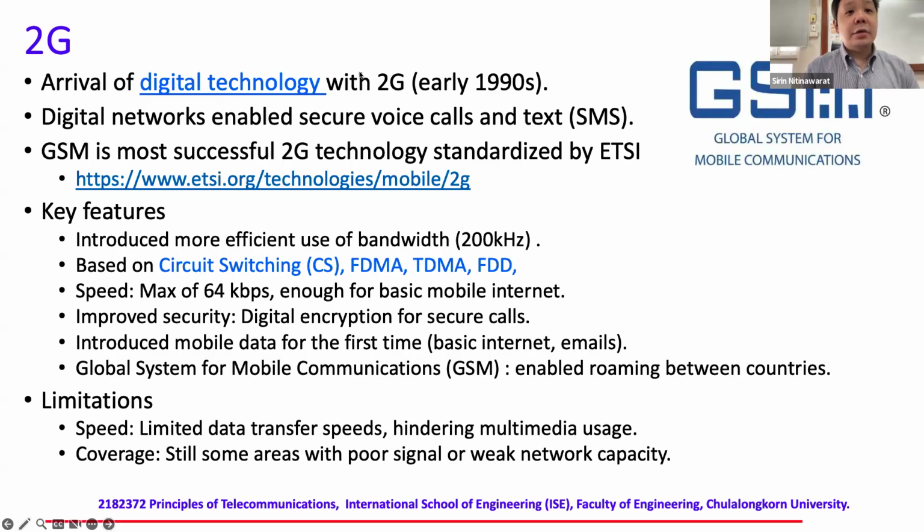Second G started to see emerging data applications, like SMS, in addition to voice application. But the voice traffic still goes through the circuit switching network because the internet was not fully there and not ready to carry traffic for the cellular networks, right?